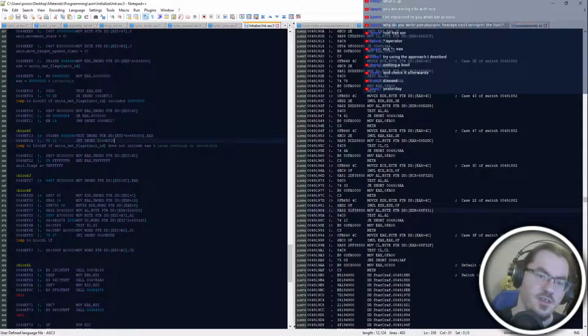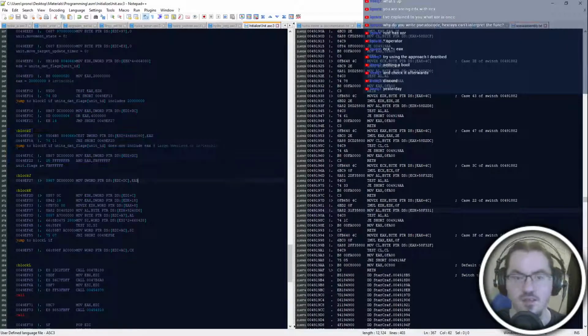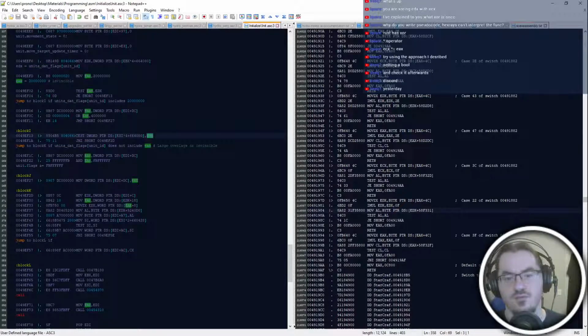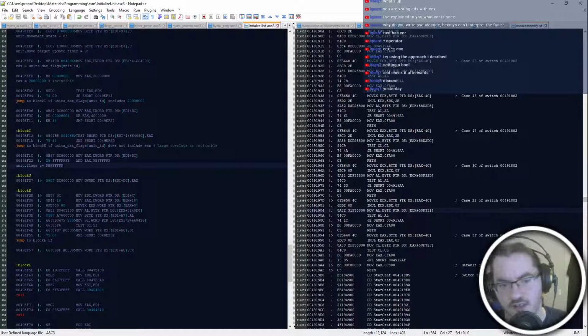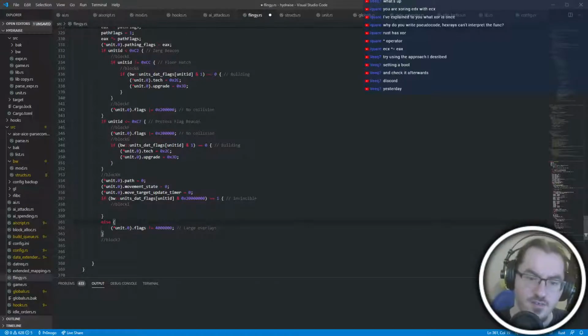And then executes the same code in block I. So block I is either comparing unit stat flags to invincibility, or it's comparing it to large overlays, right? And then it's, I guess, zeroing the flags afterwards.